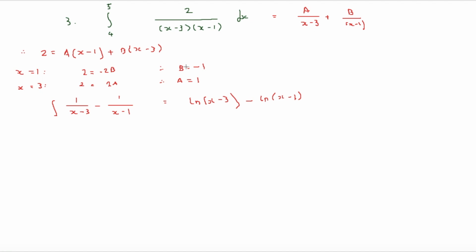So that means that because it's minus and using the second law of logarithms, this is going to go to ln and then x minus 3 over x minus 1. And then this is all going to be put into the larger limits of 5 and 4.